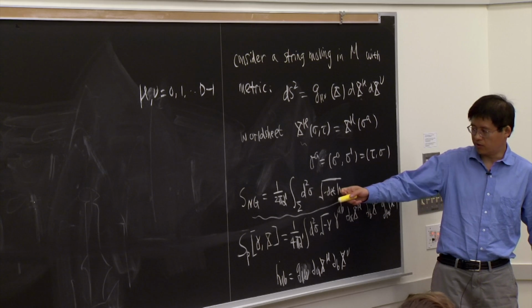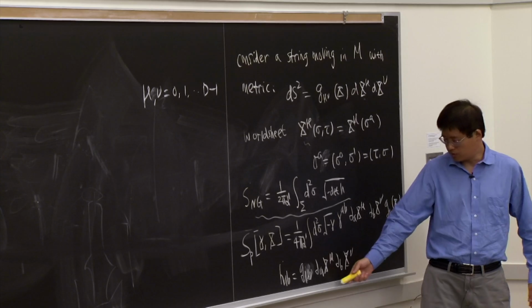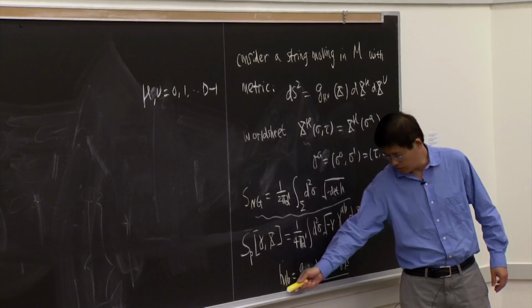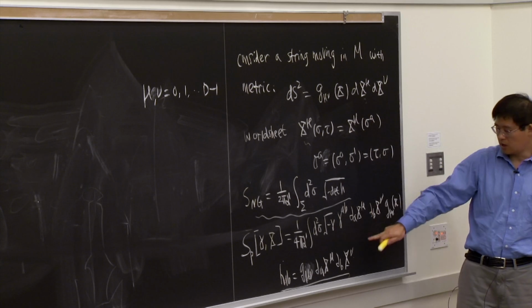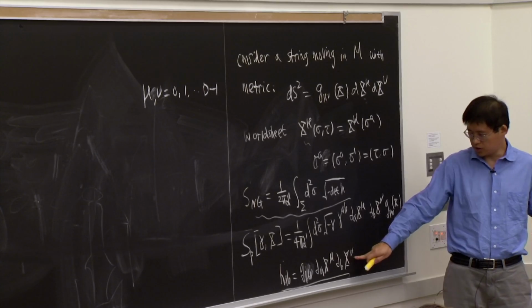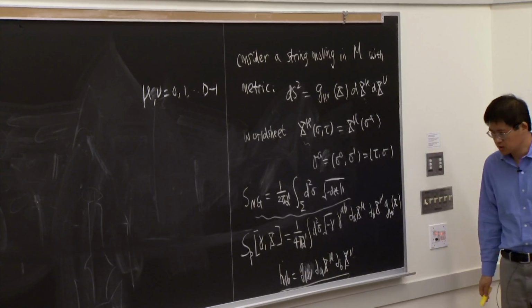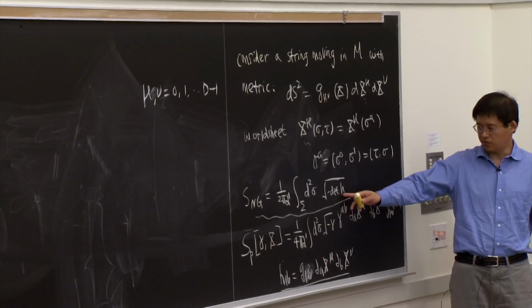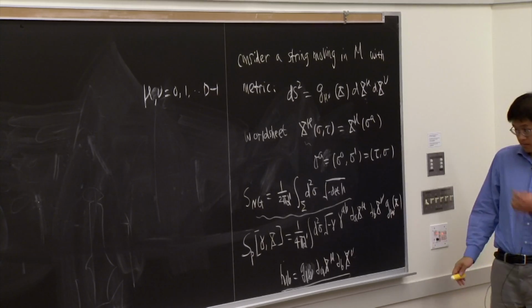Here h is the induced metric. If you have an embedding in this space-time, then this embedding will induce a non-trivial metric on the worldsheet. If you take the determinant of it, that gives you the area element on the worldsheet.